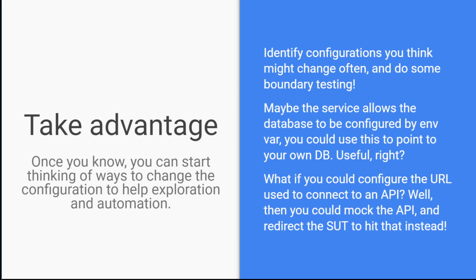You could use this in many different ways. For example, you could make it point to a database that has some particular test data set available for you, or you could use it so that you can capture all the queries going into the database and maybe replay them for testing later, or many other different ways you could use this to your advantage, perhaps for security testing or all sorts of other things.